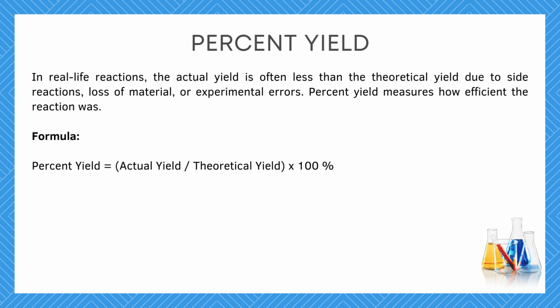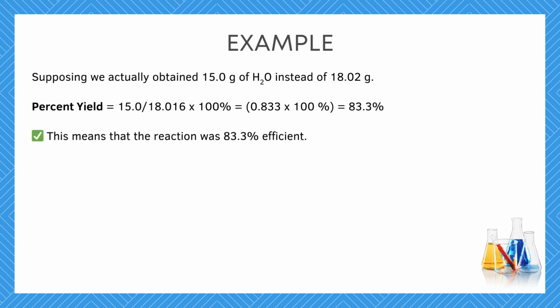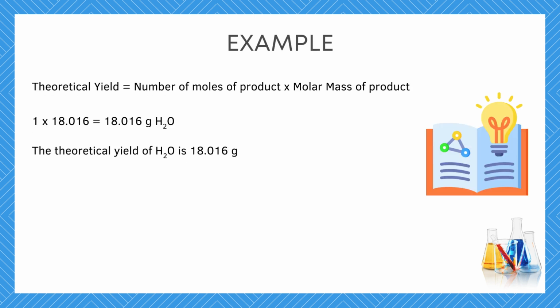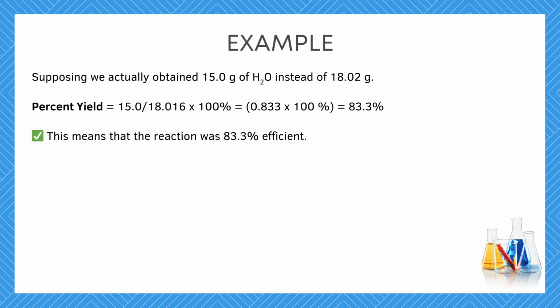Now, if we are to calculate the percentage yield of this chemical reaction, we have to have the actual yield and the theoretical yield. So the question says, supposing we obtain 15 grams of H2O instead of 18.02. Now, remember, the theoretical yield that we just calculated in the previous example is 18.016. That's the theoretical yield. So now they're asking us that if the actual yield, what we actually obtained, was 15 grams, how do we get the percent yield?